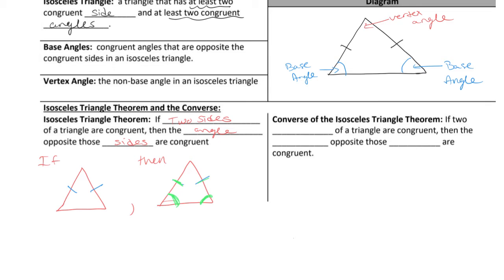And also we have the converse, which is essentially the opposite. If two angles of a triangle are congruent, then the sides opposite those angles are congruent. Essentially it's just working backwards. Instead of being given two congruent sides, we're given two congruent angles, and we can prove their opposite sides are congruent.